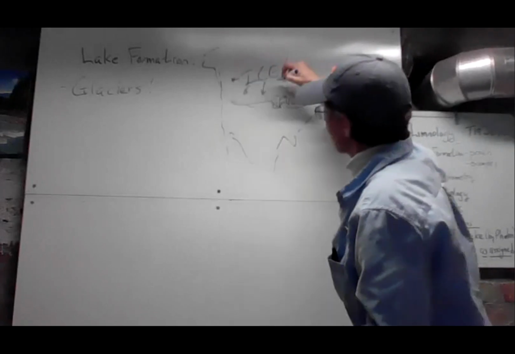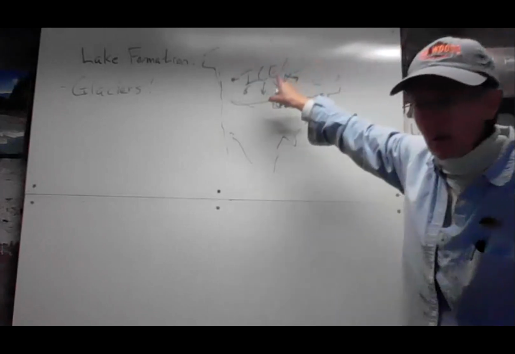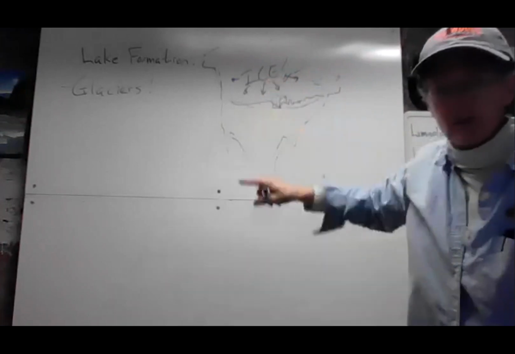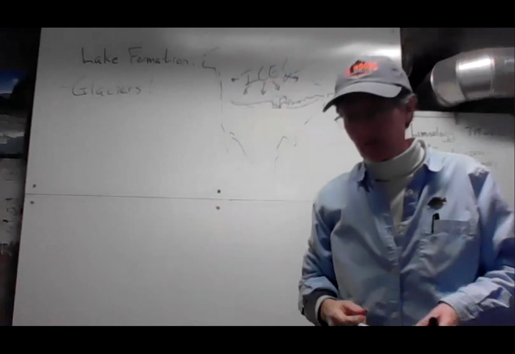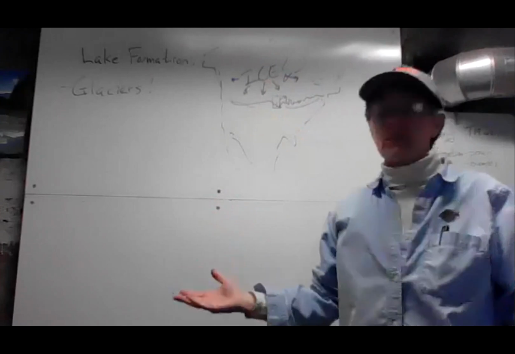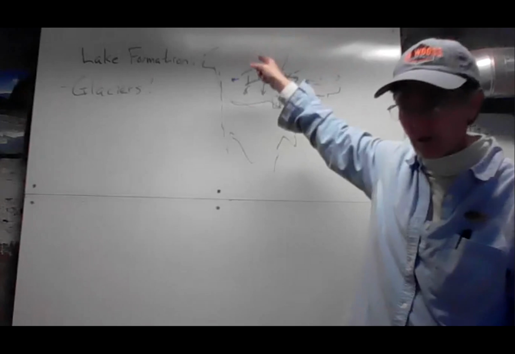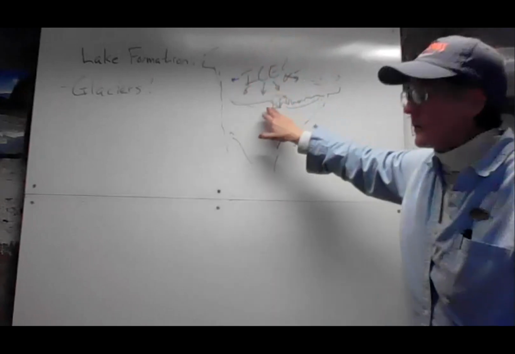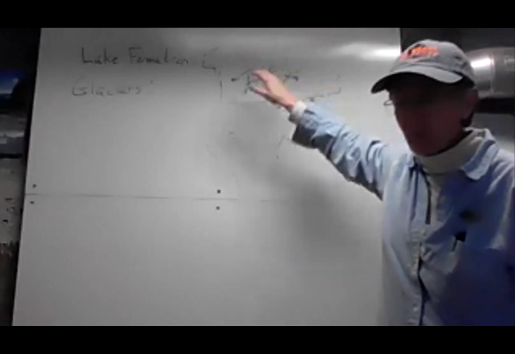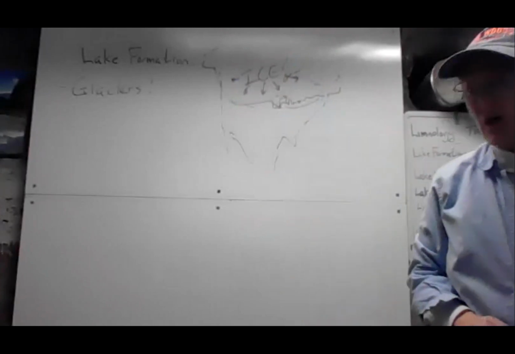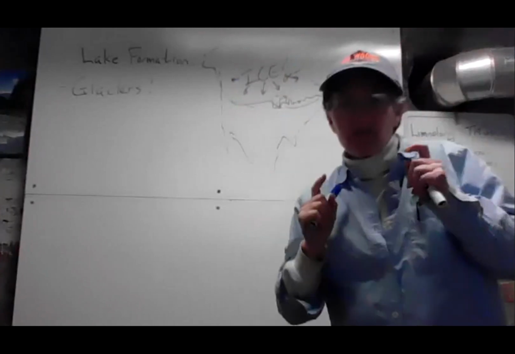And in fact, here, there was a mile of ice, 5,000 feet of ice here. Now, that's a lot of ice. And ice is a solid, but it's not a very solid.